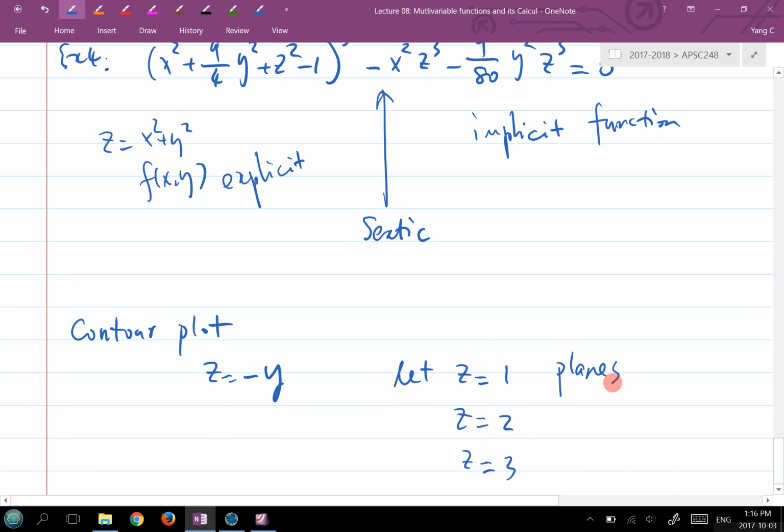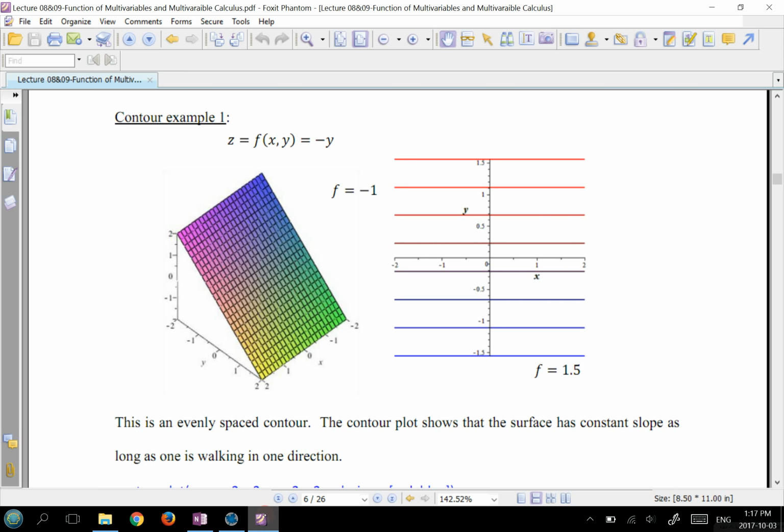When you slice, you substitute z equal to 1 over here, 2 over here, and 3 over here. The results of the slice give you straight lines: y equal to -1, y equal to -2, and y equal to -3. This is the so-called contour plot. When you project all the lines into one plane, you get the contour plot.